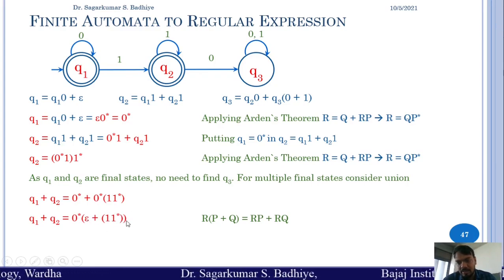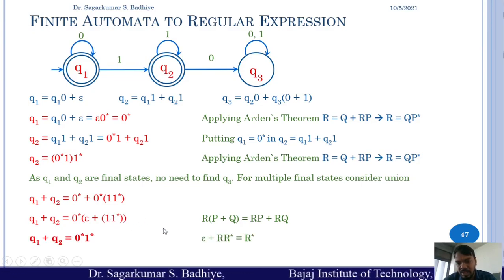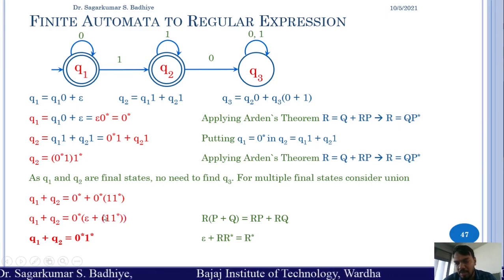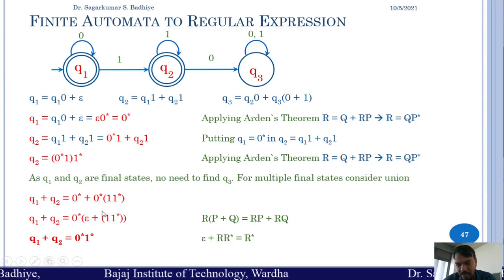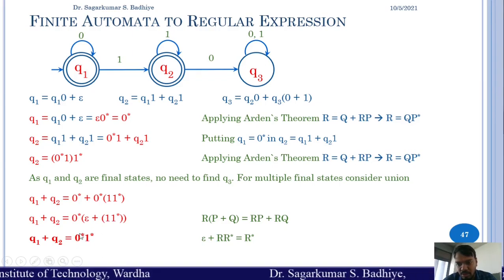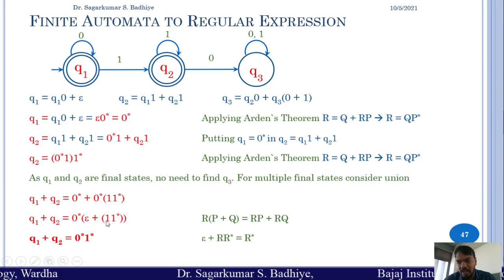There is a property that says epsilon plus R R star is nothing but R star, and R over here is 1. So it becomes 0 star 1 star. So the regular expression for this automata is 0 star 1 star.